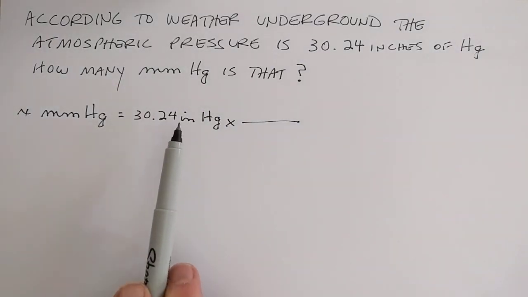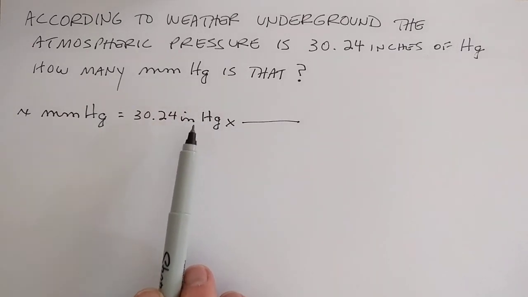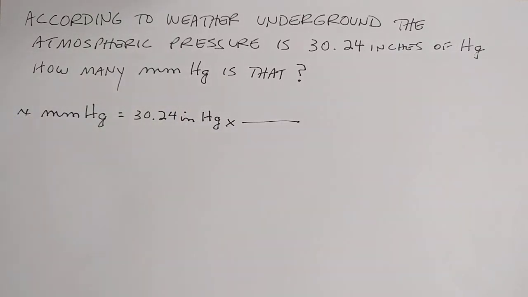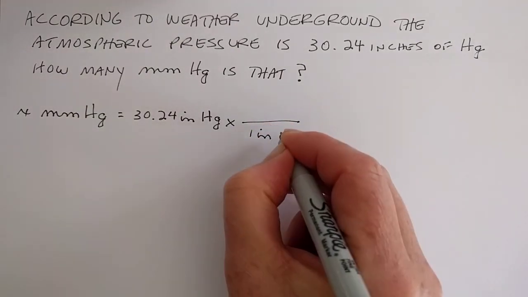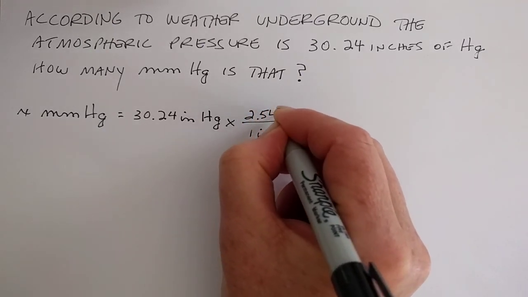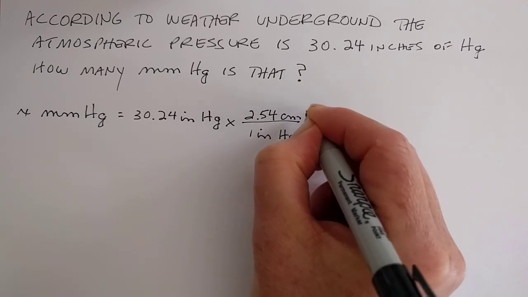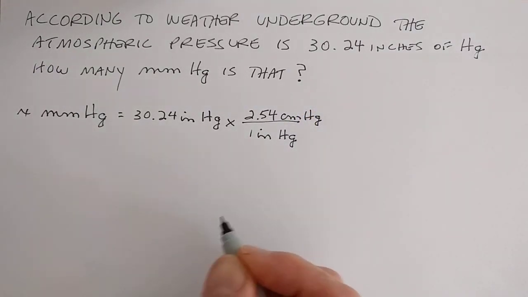Now, even though this is a length, inches of mercury is a pressure, but we still have the same length conversions when we do pressure. So 1 inch of mercury is the same as 2.54 centimeters of mercury, because there's 1 inch in 2.54 centimeters.